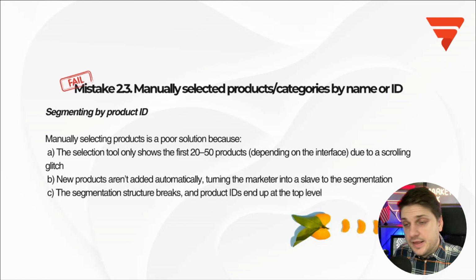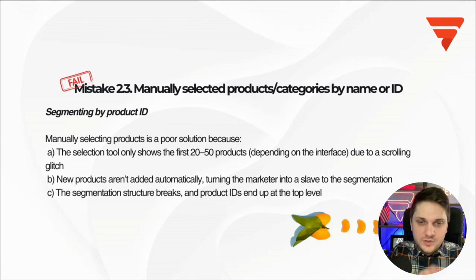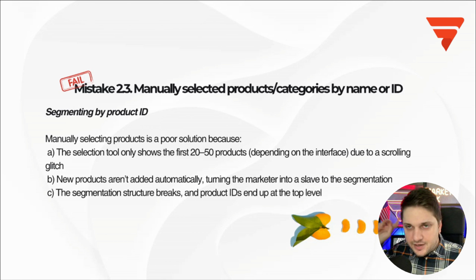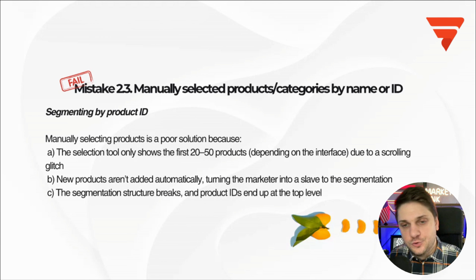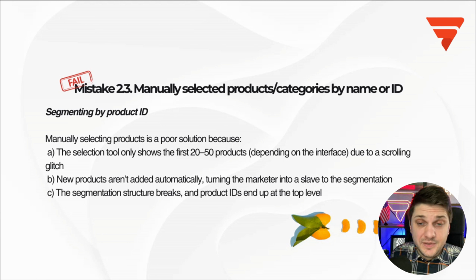For example, with drills, if you would like to show just one brand, imagine Makita drills, and you type Makita drills and select all, first of all, select all will not select all your real Makita drills, and you will have just 20 or 50 depending on the device from which you are creating this segmentation. So if you would like to do manual segmentation, you should first scroll down to the bottom and only after that click select all.